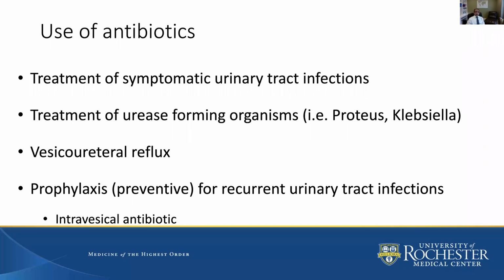Sometimes there are odd organisms like Proteus and Klebsiella, which are urease-producing organisms, and we tend to treat them. Patients with VUR, we tend to treat to avoid the complications of pyelonephritis. If it is a recurring issue, you can consider prophylaxis for urinary tract infections, and it works very well for some kids.